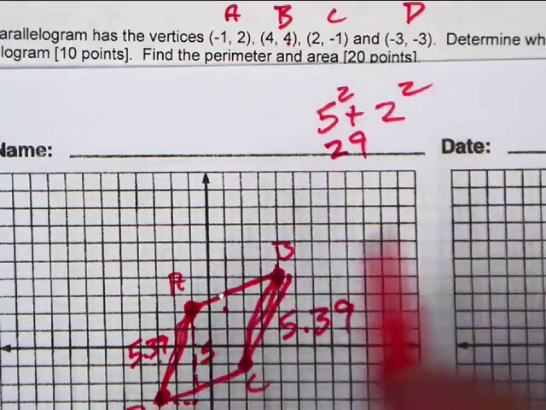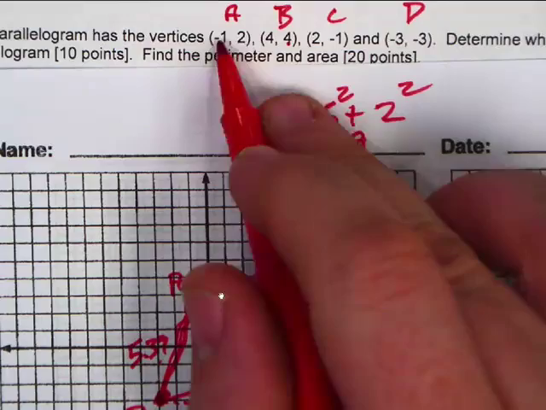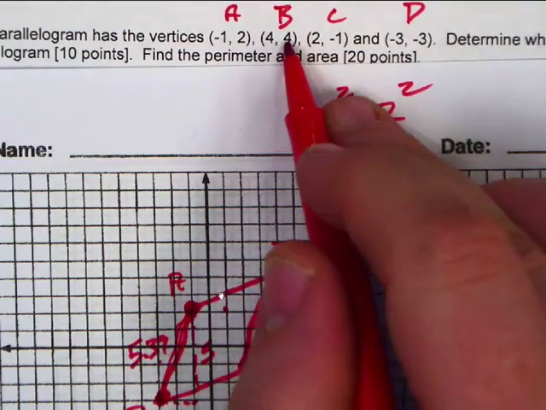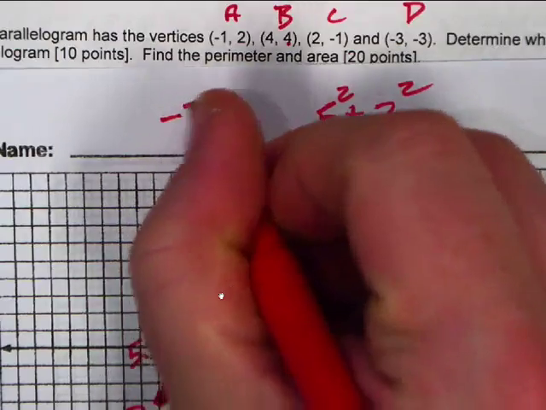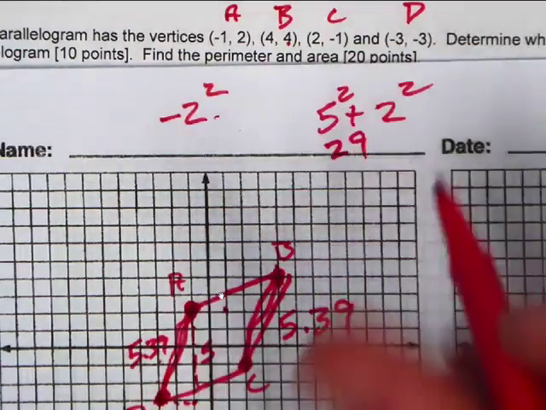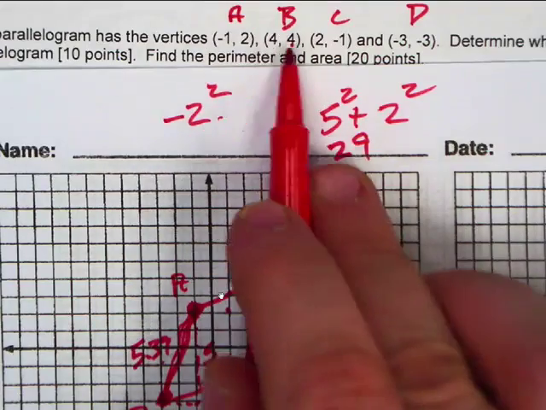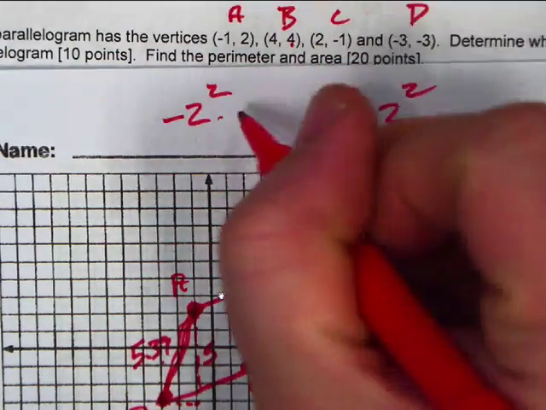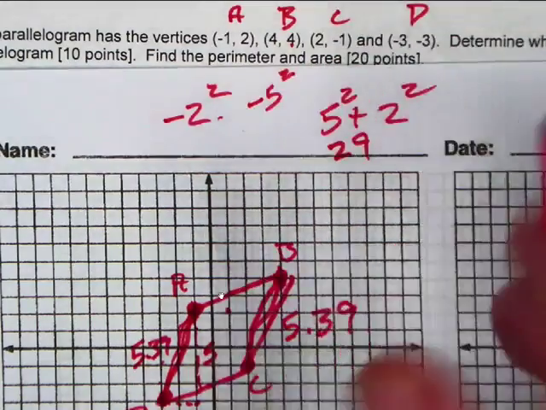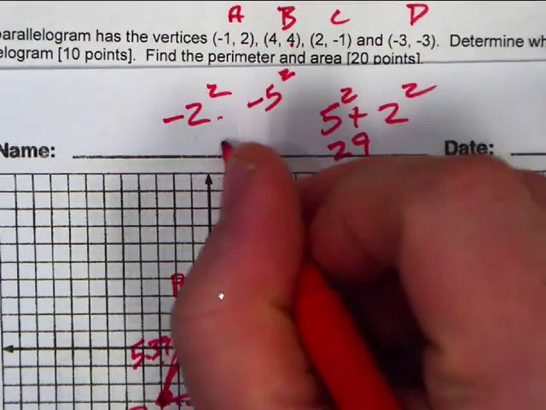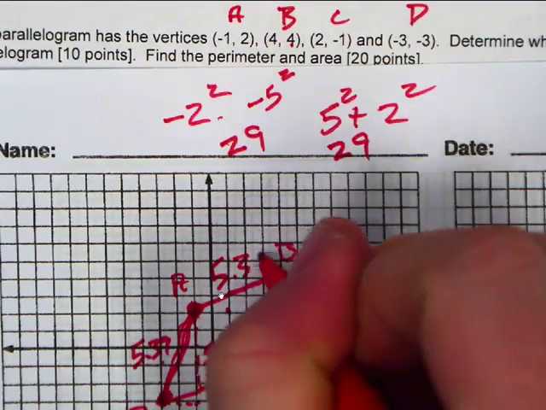Now let's do it for AB. y2 minus y1, so 2 minus 4 is negative 2 squared, and x2 minus x1, negative 1 minus 4 is negative 5, squared. We see the same thing: we square them and add them, we get 29, so 5.39.